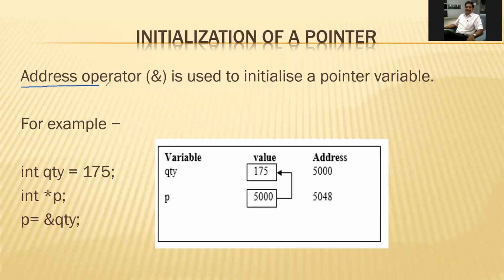The address operator ampersand is used to initialize the pointer variable. For example, integer quantity is equal to 175. Integer star p is a pointer variable, and p is holding ampersand quantity, the address of quantity.